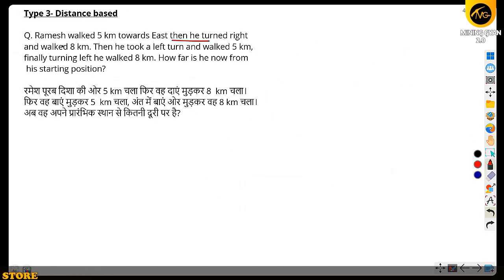Then he turned right and walked 8 kilometer. Then he took a left turn and walked 5 kilometer. So suppose this is the origin point or middle point. Ramesh walked 5 kilometer towards east. This is east direction. So he starts 5 kilometer.